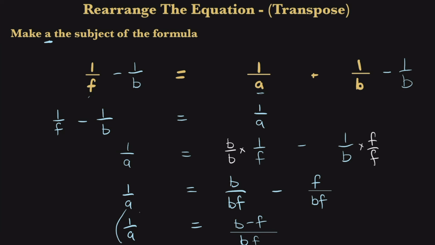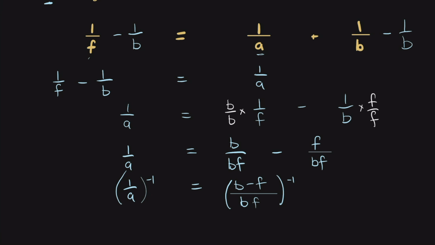Since it's one term, we can take the reciprocal of both of these. So I'm going to put brackets around that, and put -1, and I'm going to put brackets around that, and put -1. And what that is going to do is it means that we flip both sides. So if we flip 1 over a, we're going to just have a.